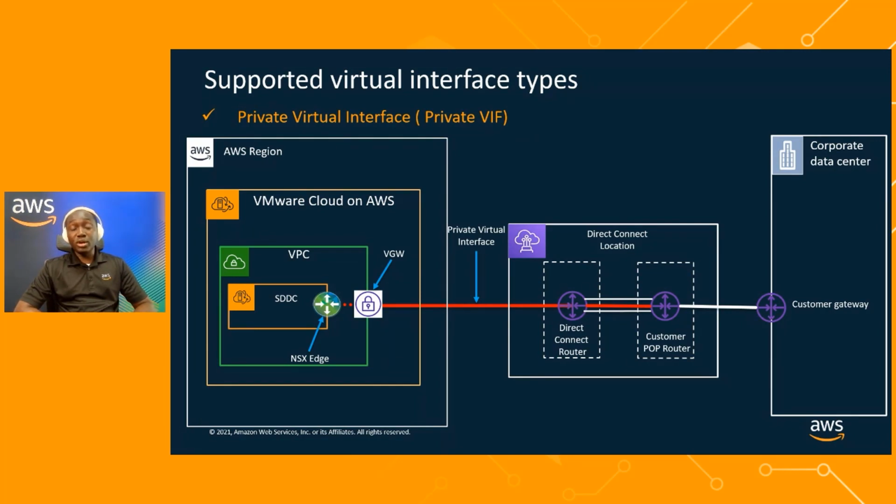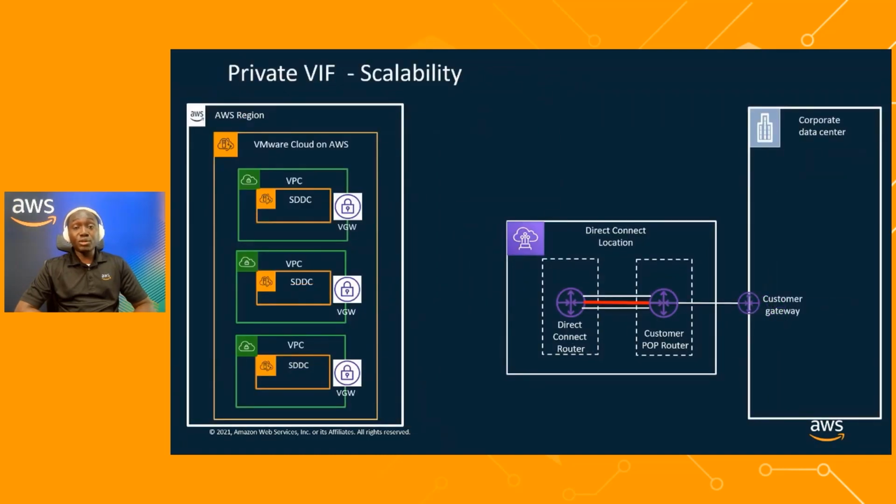Now, this interface type can scale. If you have multiple SDDCs, you can configure multiple private virtual interfaces over your single Direct Connect connection into each of these SDDCs. If you have a single Direct Connect connection, you can have up to 50 virtual interfaces on it.